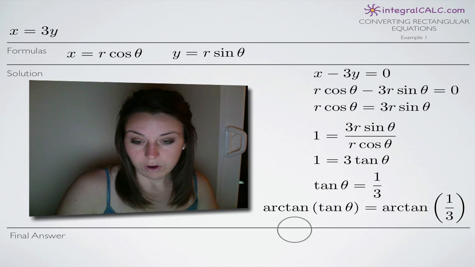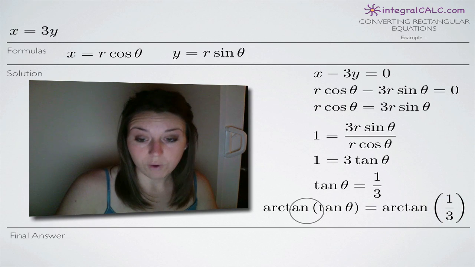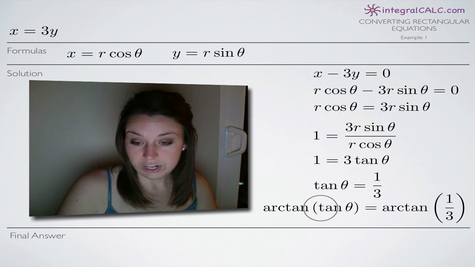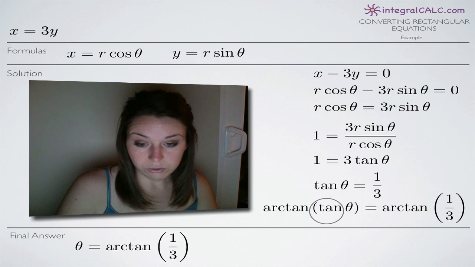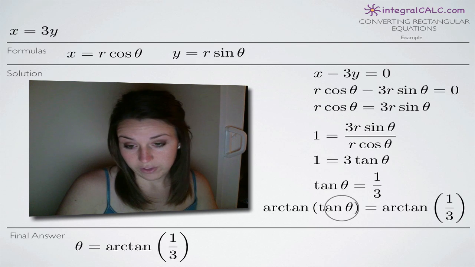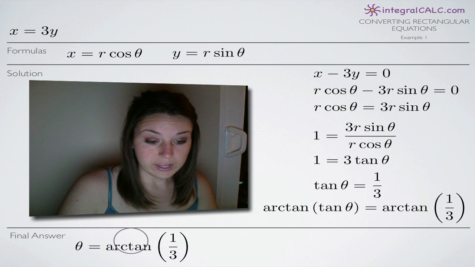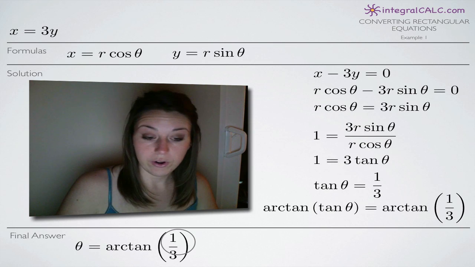Also, arctan is the same thing as tangent to the -1. So we take arctan of both sides, which will cancel out the tangent on the left-hand side. Arctan cancels out tangent, we're only left with theta on the left-hand side, and we get arctan of 1/3 on the right-hand side.